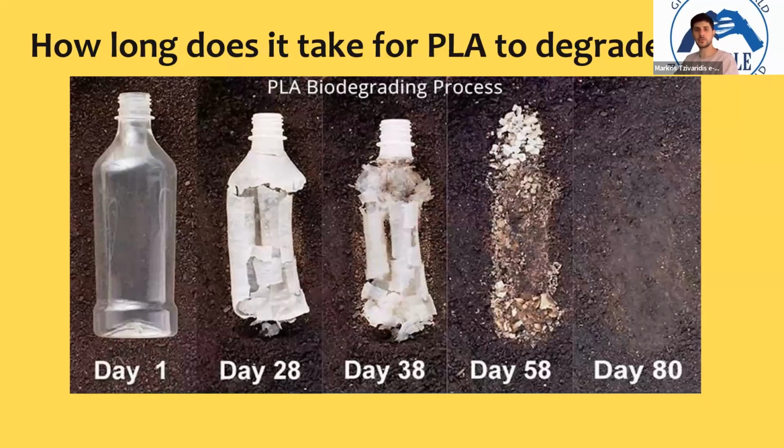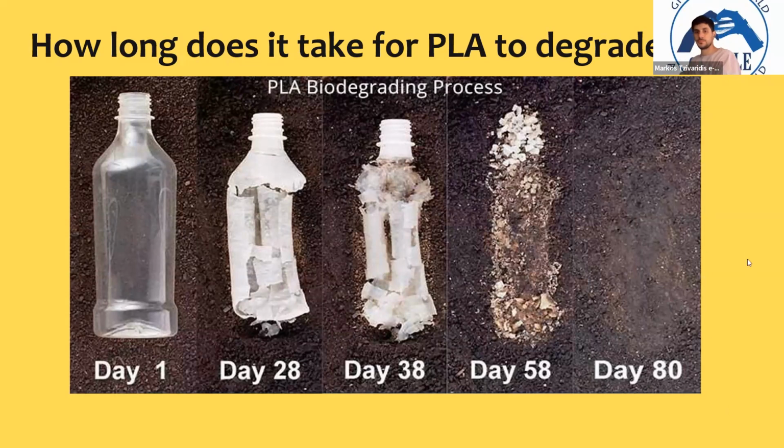One thing I would like to mention about this picture is that these pictures are taken outside. So if you create something, let's say a vase for your plant, and you keep it inside your house, this is not going to happen. Your vase will be there for years and years.